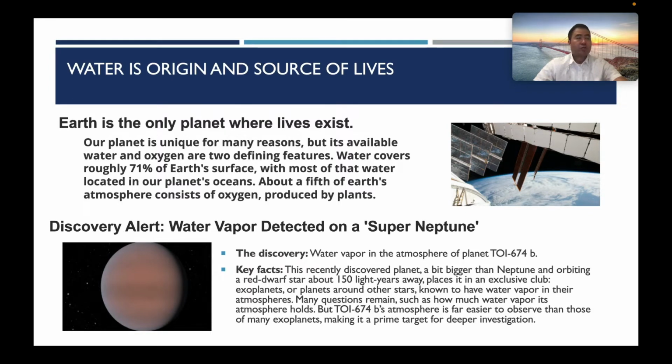So to discover if there's a living being on a different planet, NASA is always looking for water. Previously they couldn't find any other planet which has water, but recently NASA finally found water vapor surrounding a super Neptune planet, which makes people expect there might be some living being on the planet.